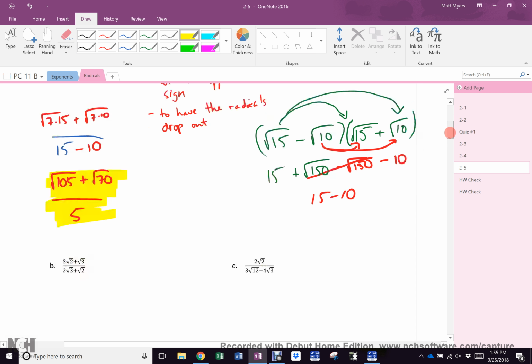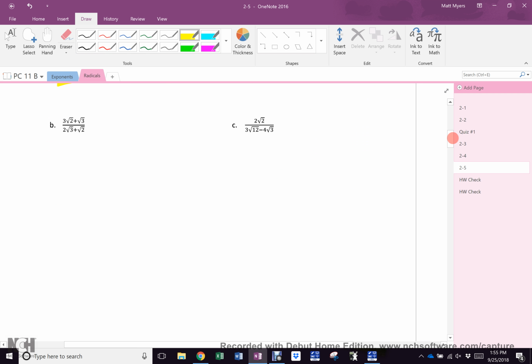Wonderful. Now, you have all the tools you need. Okay? So we're going to talk through B and C, and I'm going to let you get working. What don't you like about B? There's roots in the denominator. It's a positive binomial, so we know we must multiply by a negative binomial, correct?